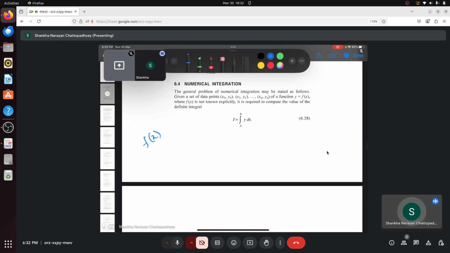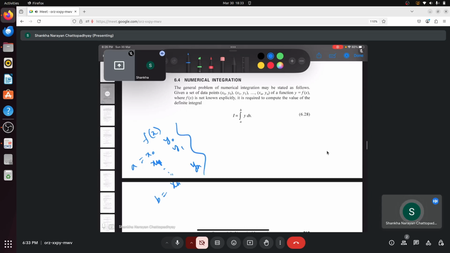you have a number of data points x0, y0. This x0 is nothing but a, then x1, y1, and then you have b. At this point b is xn, and then this is yn. Now you have exactly the function f(x). You will put this x0 here, and this function will give you y0, y1 up to yn.